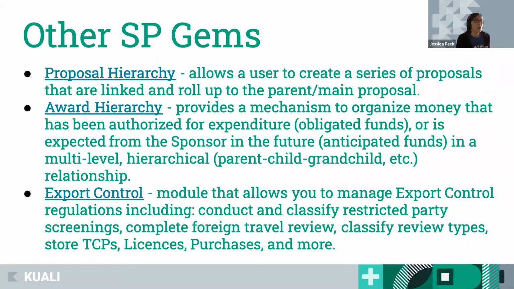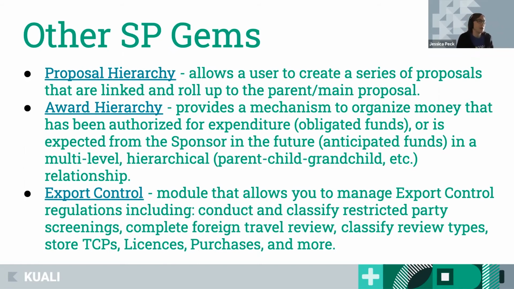Also, we have award hierarchy. It's a mechanism to organize money and the obligated and anticipated amounts or funds on a multi-level, hierarchical parent, child, grandchild relationship. It can get pretty complex. You can have a parent and any number of children or grandchildren.